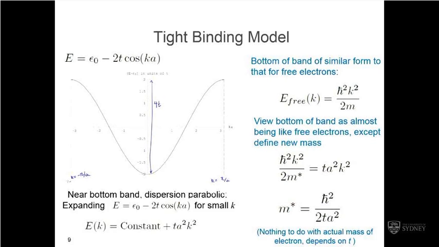Okay, so we had this expression from our, I think, nearly free electron model, this kind of behavior of the dispersion curve. And if we equate that to what we have just determined there for this parabolic part, then we can derive an effective mass for our tight binding Hamiltonian. So it's equal to h bar squared over 2t a squared, just from this expression here.